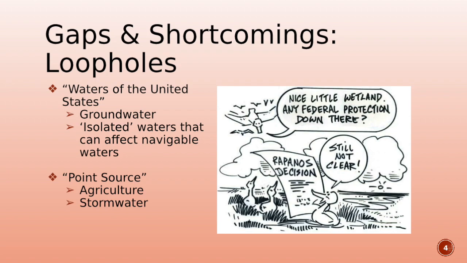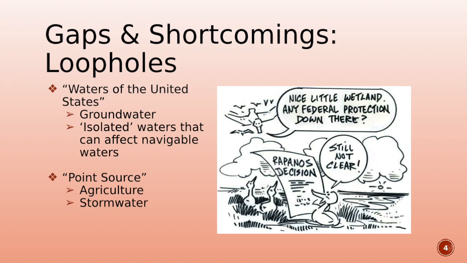Another big area where the law carves out big sources of water pollution is in the definition of point source, as I mentioned, carving out stormwater conveyances, carving out major agricultural, industrial agricultural facilities, as you're going to hear about in a few moments.